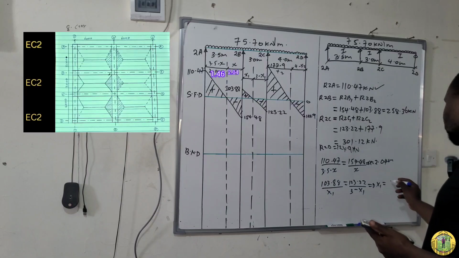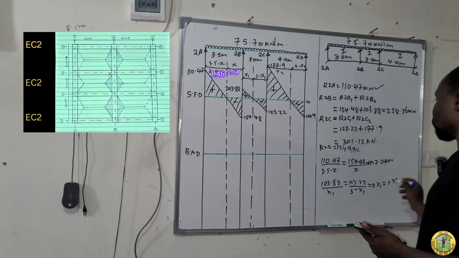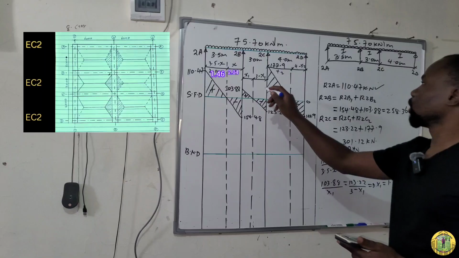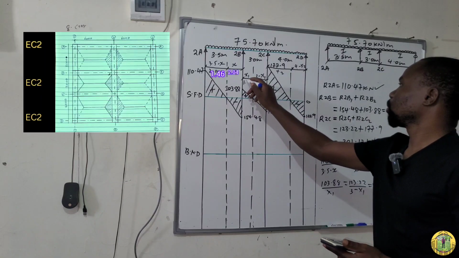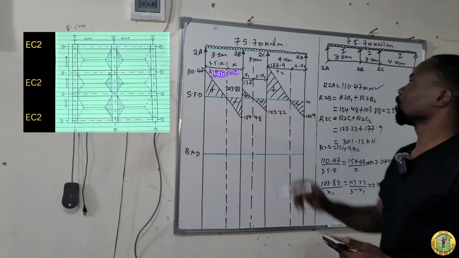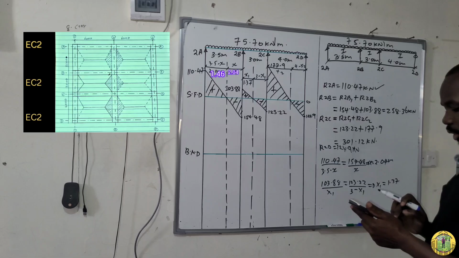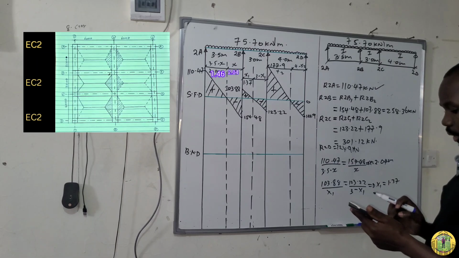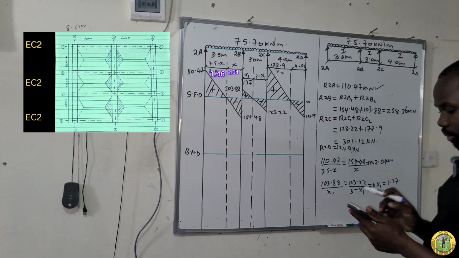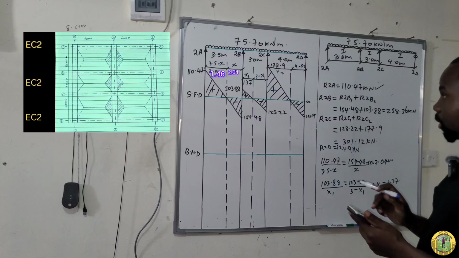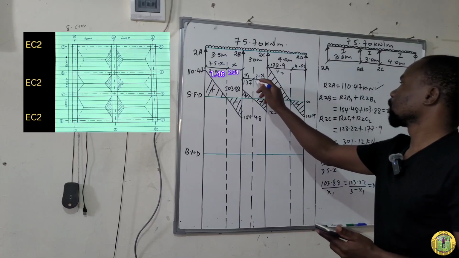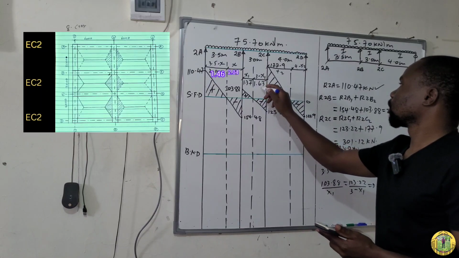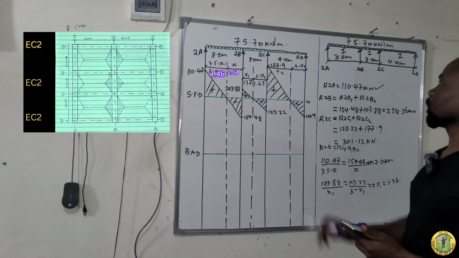So this is 1.37. So here is 1.37 meters. And then 3 minus 1.37, this one is 1.63 meters. We come to the last one.